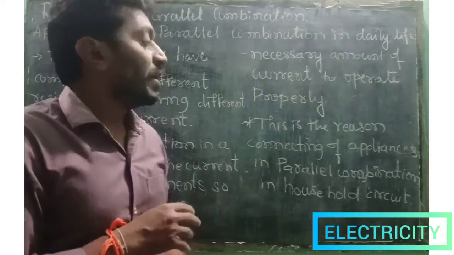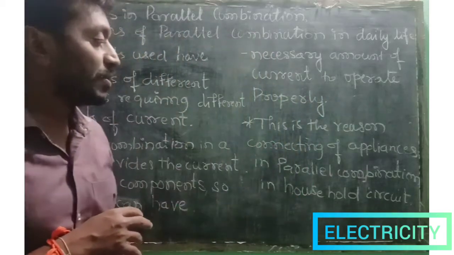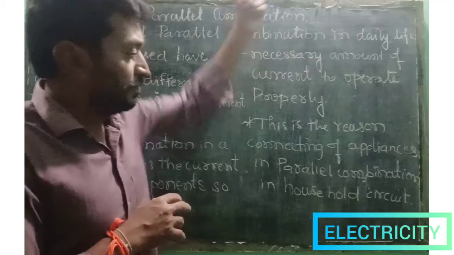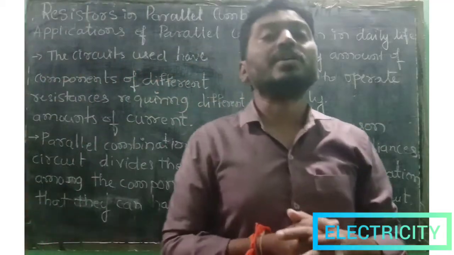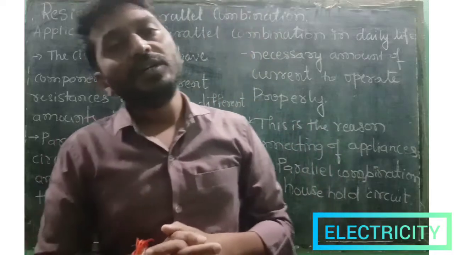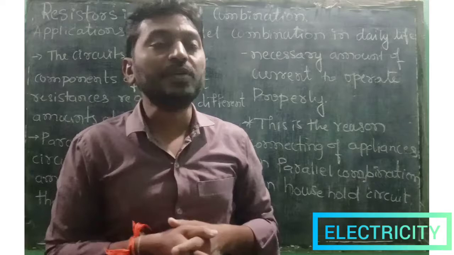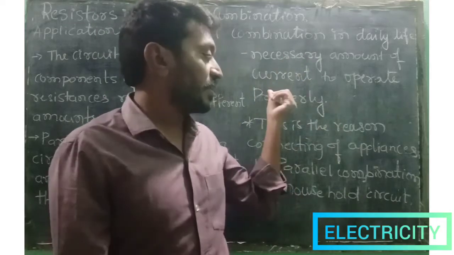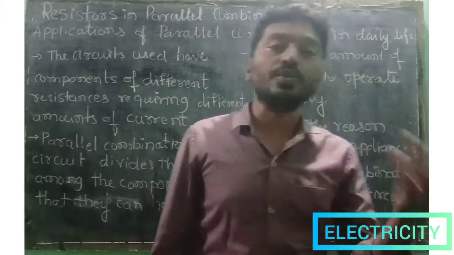That is the main reason for using parallel combination: it divides the current among different components or appliances so they work properly with the amount of electricity they need. That is why we have to use parallel combination in our household activities and household circuits.